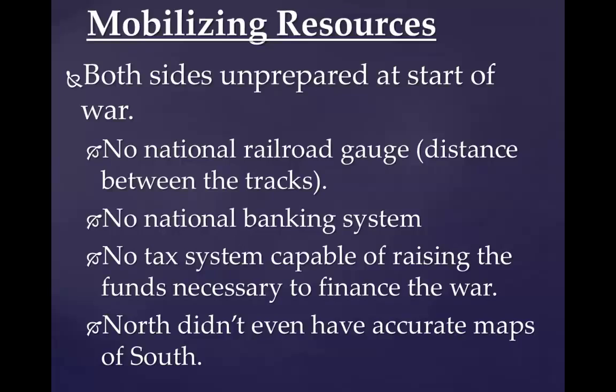You didn't have a tax system in the beginning capable of raising the necessary funds to finance the war. Heck, the North didn't even have accurate maps of the South. So being unprepared is going to be problematic when you have all these new technologies that we were just talking about that are going to rapidly change the nature of the combat they had been used to.